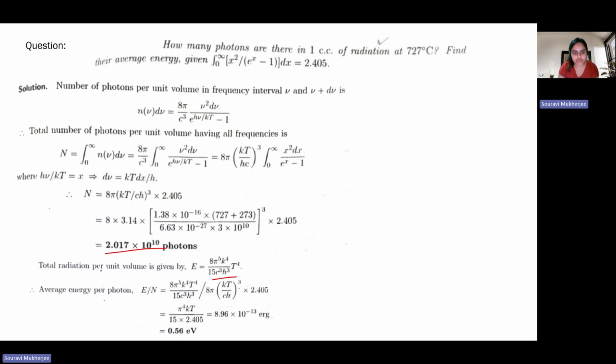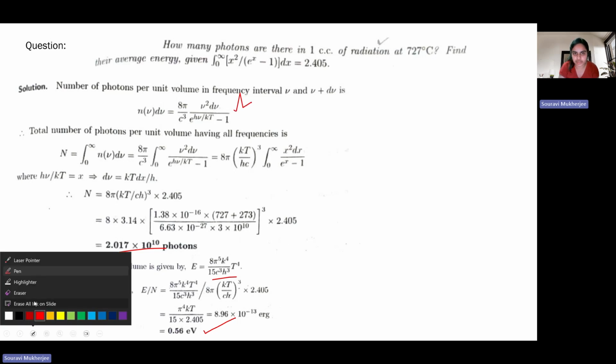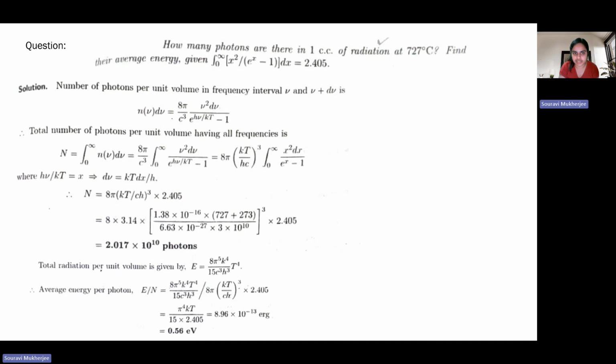So now you know the total radiation energy and the number of photons. To find the average energy per photon, it would be E by N, and from there you can get the average energy per photon. Once you know this distribution, this question is quite trivial. You can always define and find the average energy and all of it.